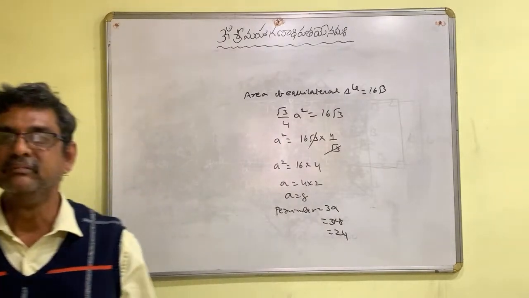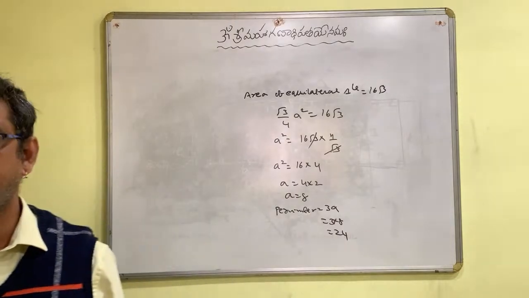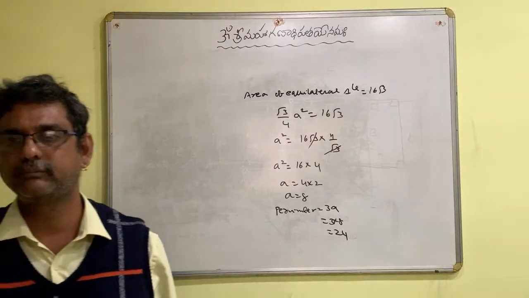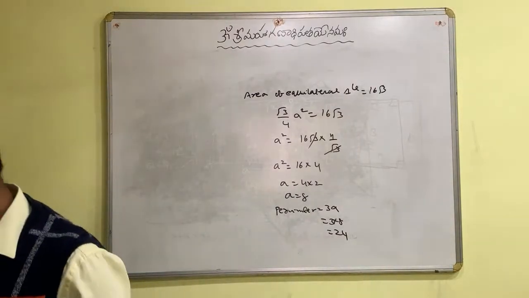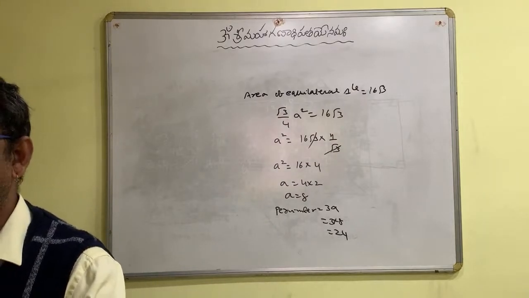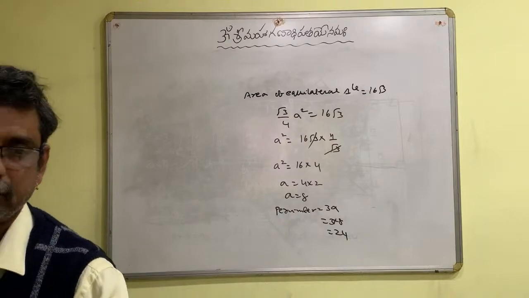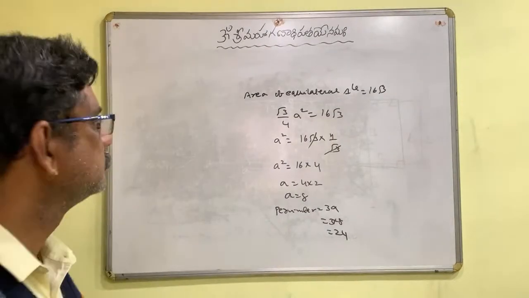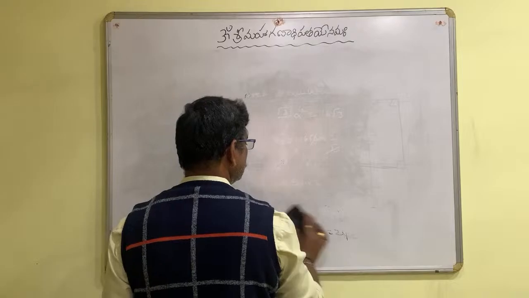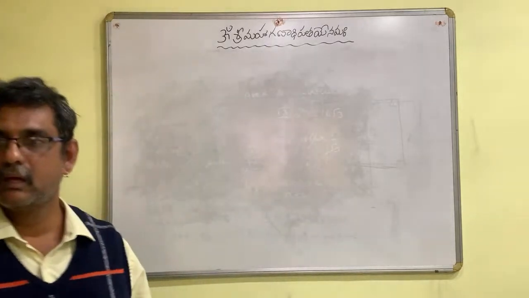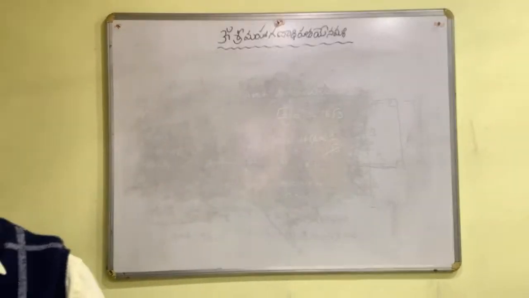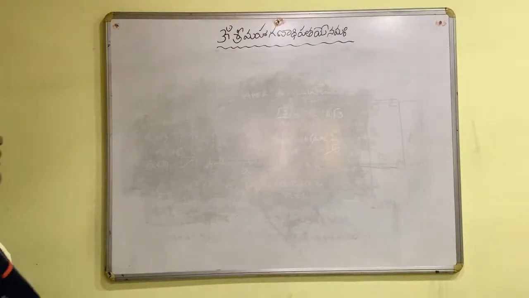Now, if the radius of a sphere is 2r, then what is the volume?